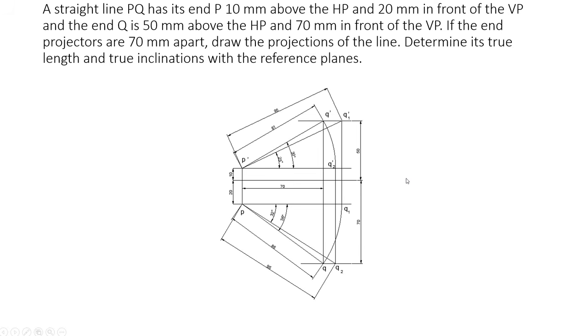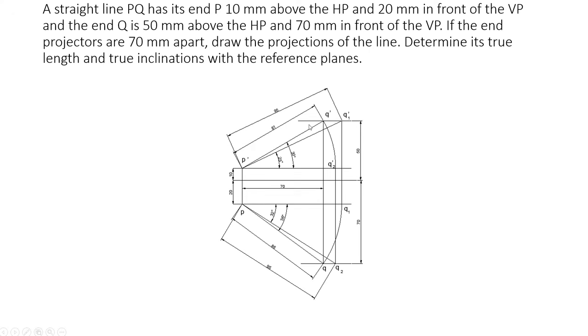We want to find the actual inclinations, apparent inclinations, apparent lengths and true length. The actual inclination is the angle which the line makes with the horizontal plane and vertical plane, so alpha and beta. This alpha you can get as the angle of the line P dash Q1 dash with the reference line. That angle we get as 25 degrees, and the front view makes an angle of 30 degrees.